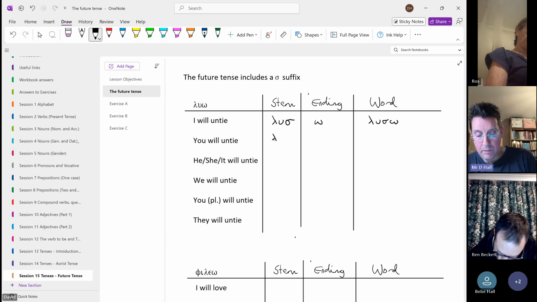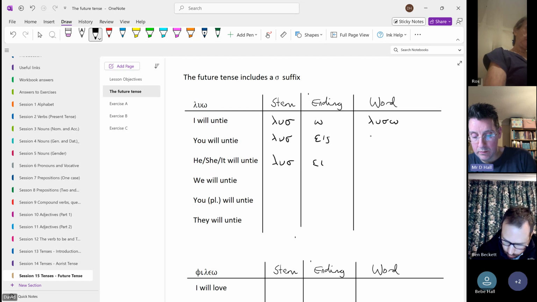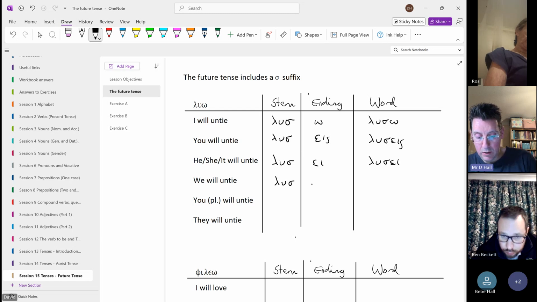And these are all the same, okay, so we have luseis and then luseis. Actually, we'll just get them down as we go. And then luse, which is for the third person singular, and then lusomen.